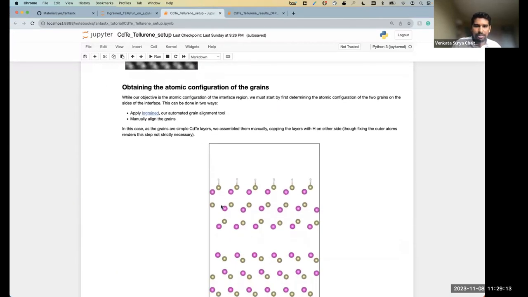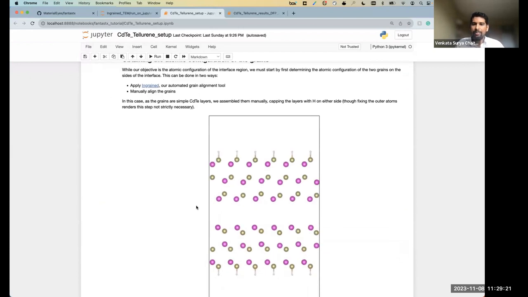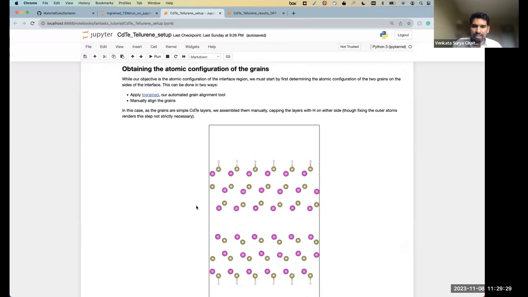So the second step is to use Ingrained with this experimental target, similar to the previous tutorial. We want to find the best alignment of top grain and the bottom grain before we go and run FANTASTX on the interfacial region. So again, to minimize the search space for the FANTASTX and to maximize known information from beforehand, it is essential to do Ingrained optimization.